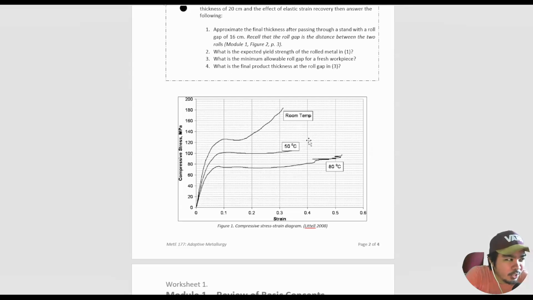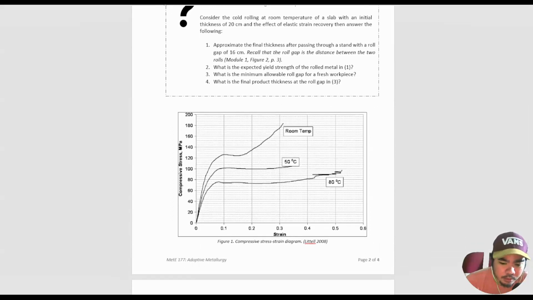So warm working is just any temperature that is above the room temperature pero hindi siya high enough to reach the recrystallization temperature. Pero essentially warm working is the same, halos same lang yung mechanisms involved with room temperature, no. Although because of the higher temperature, may chance na mas meron siyang konting annealing effects or softening effects, no. Okay? Pero that's for another lesson, I guess. And I guess na mas na-explain to sa MetE176 nyo, no. Okay? So, start tayo dito.